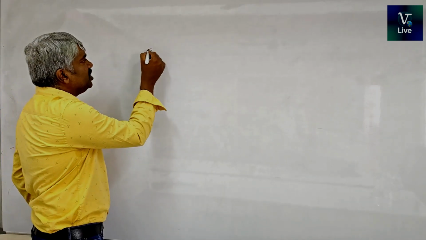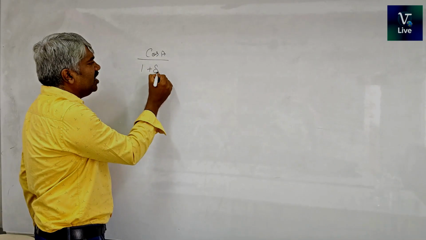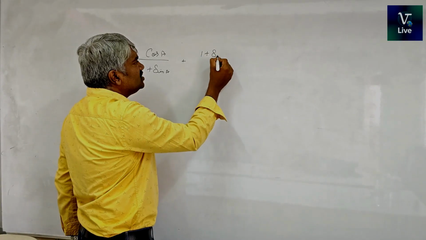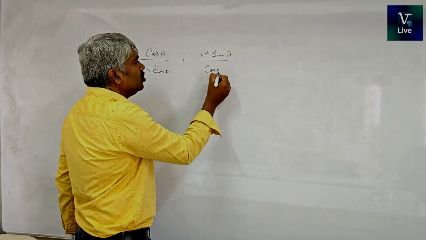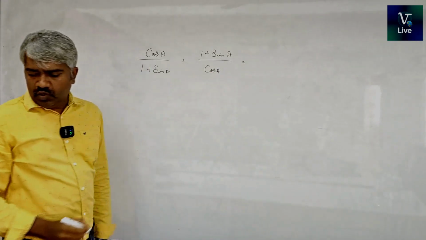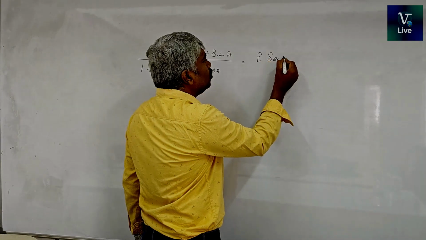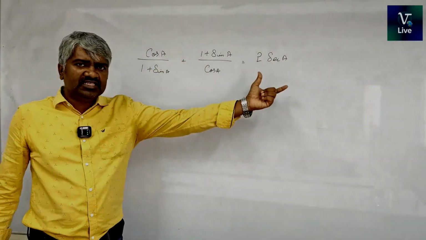First we'll look into one of the familiar problems from most of the books, right? So cos A divided by 1 plus sin A plus 1 plus sin A divided by cos A, which is equal to 2 secant A. We need to prove that by solving these two terms, you should get this answer.